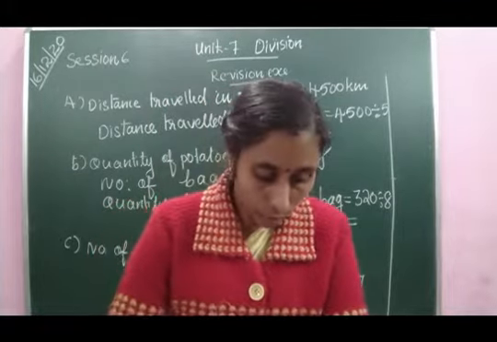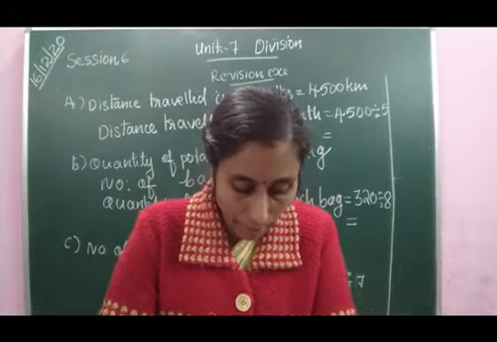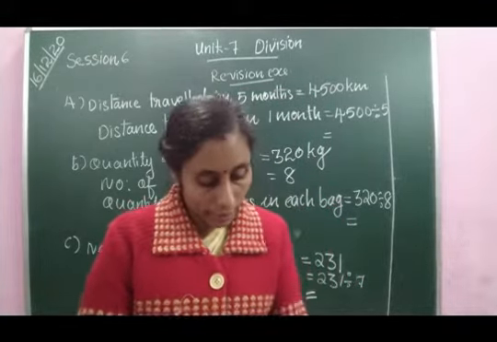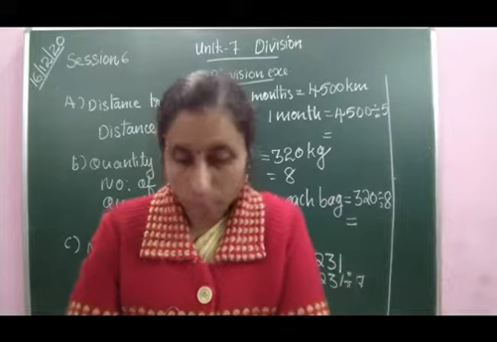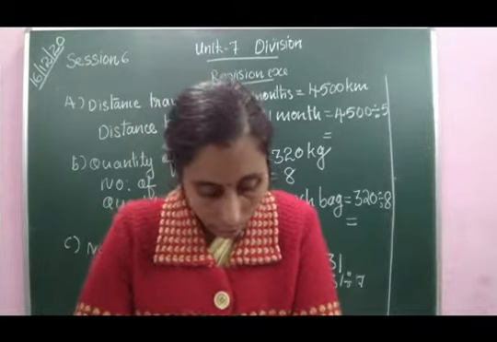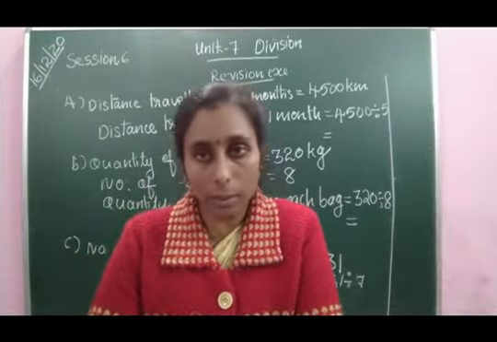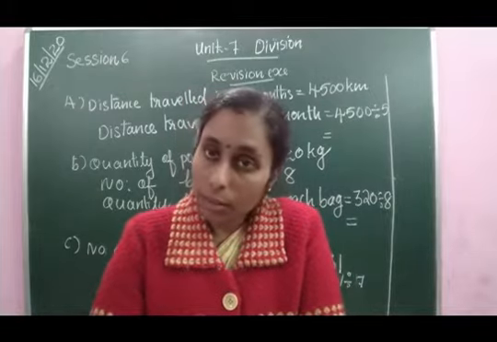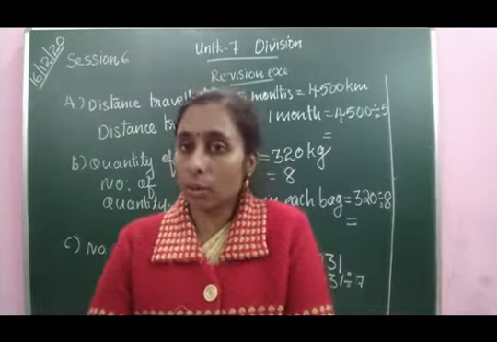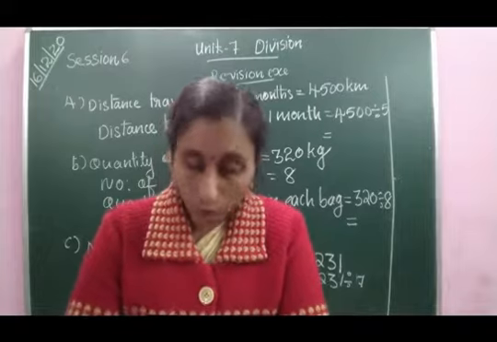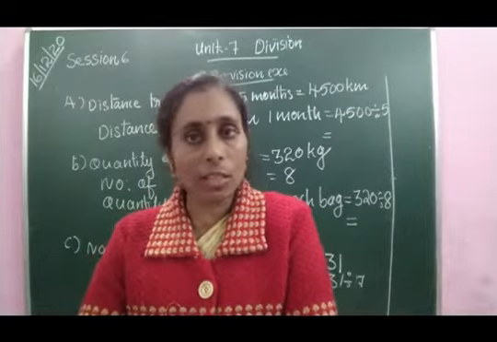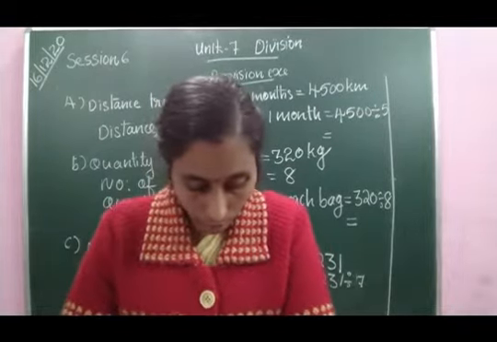Okay, revision exercise, question number 4, first one. A businessman traveled 4,500 kilometers in 5 months. How much did he travel in 1 month? Here, distance is given, so we cannot write a number of kilometers traveled. Don't write like that.